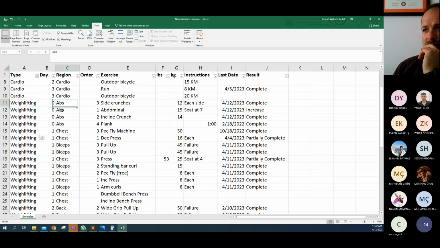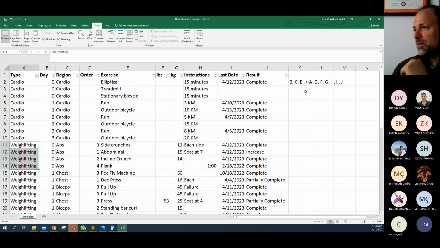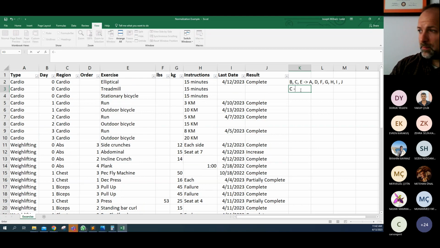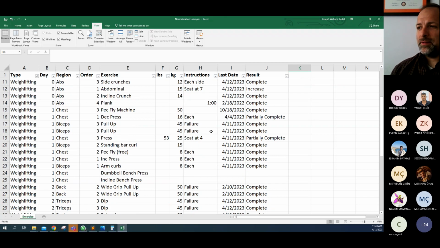Right? C determines A. C tells me what type of thing it is, right? Good. And so that would be a partial dependency. Somebody says F determines G. You're right.